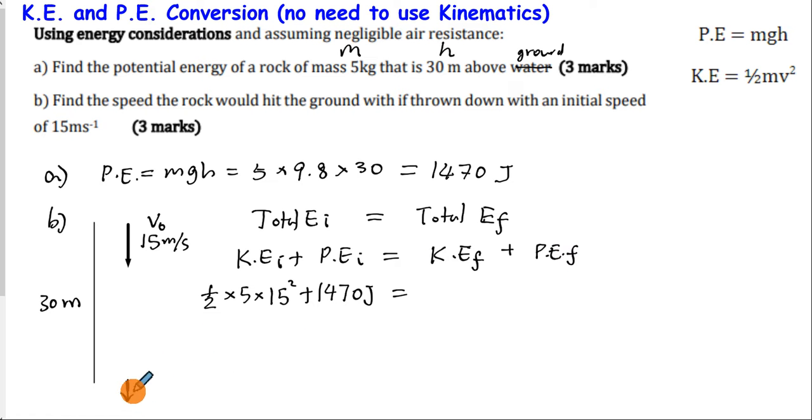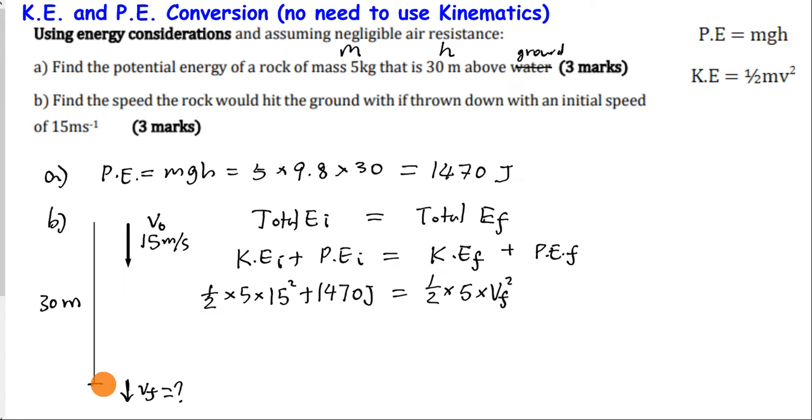The final kinetic energy comes from the second V, the V final. So simply put, we don't know what that is because that's what we're trying to calculate. So simply keep that as a symbol, and times my mass is 5, and that's my final velocity that I want to calculate squared. What's the final potential energy?